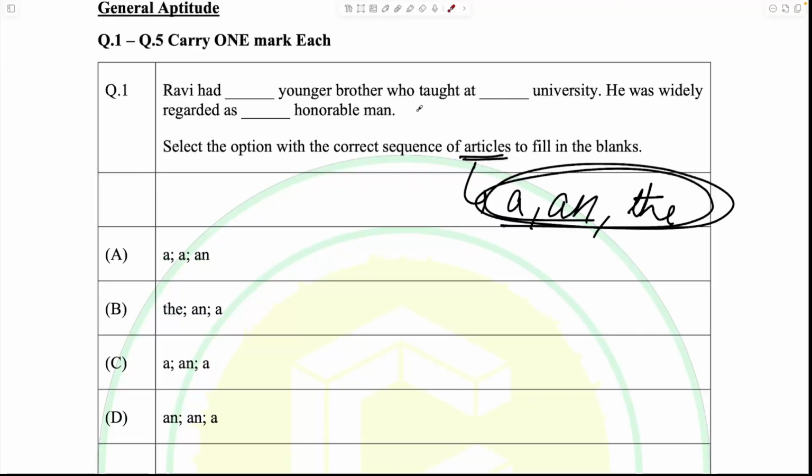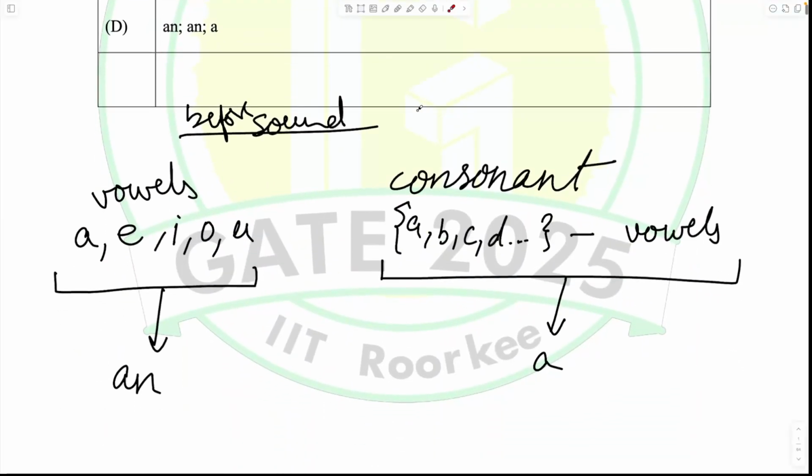Before we go into that, there is a rule regarding how we apply articles to sentences. This is a rule of grammar. I will remind you of this, right? So in English, there are two kinds of alphabets. First is vowels, right? A, E, I, O, U. It is believed that the basic sounds of anything that you're saying are always composed of vowels.